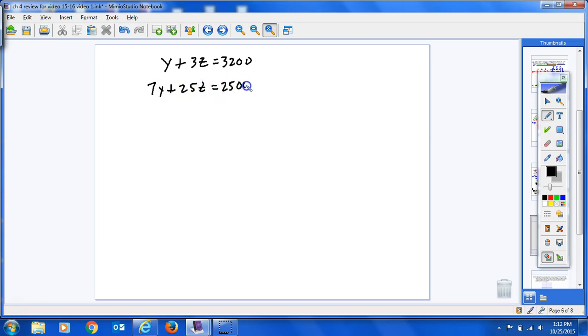All right, and it looks like our best bet for elimination is to eliminate y. And to do that, I'm going to multiply the top equation by 7 and then subtract. So 7y plus 21z, and you're going to need to do 3,200 times 7, and that's 22,400.